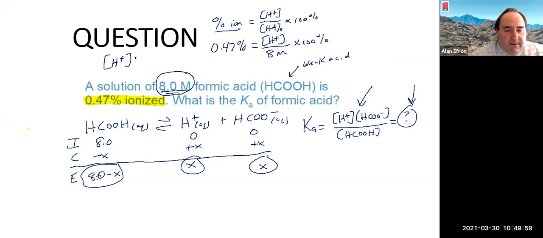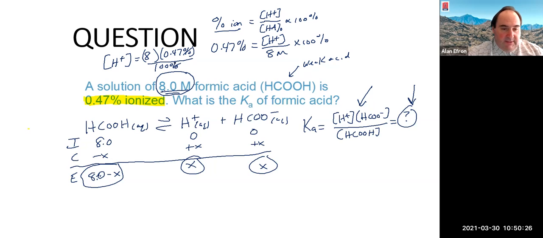H+ would equal 8 times 0.47% divided by 100%. What are we really doing here? We're really taking 0.47% of 8. You could also do it by moving the decimal point over 2 places on 0.47 and then times it by 8.